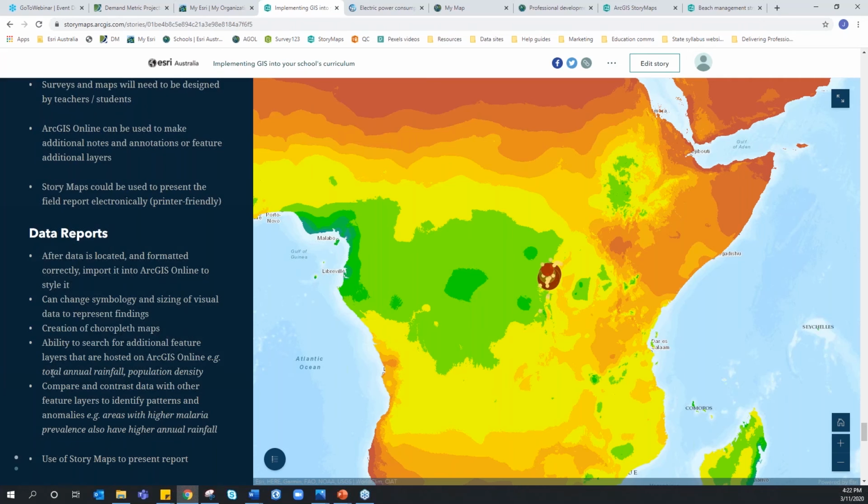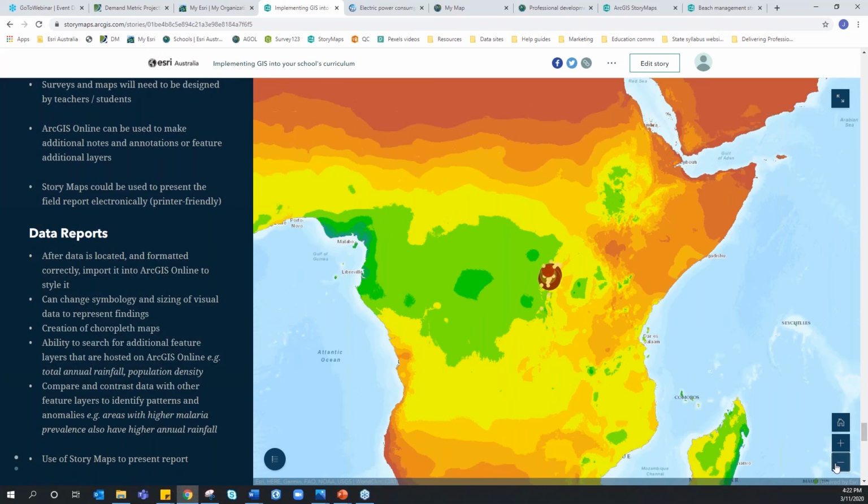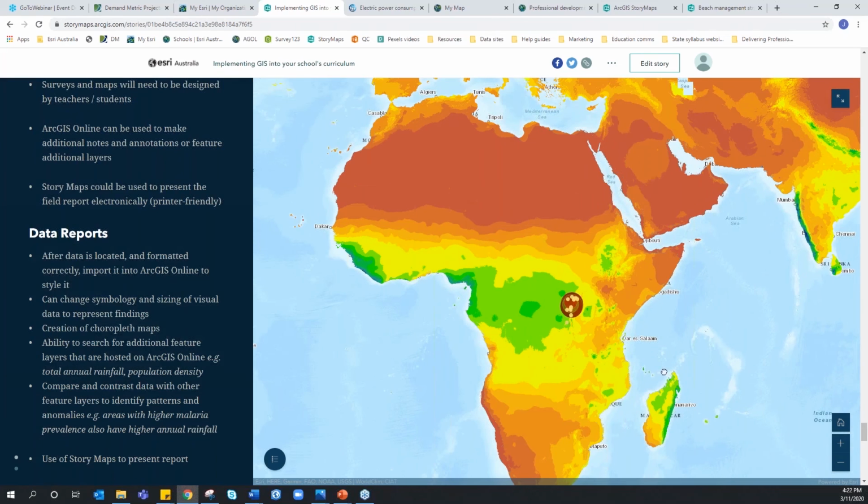So it's one of my favorites, total annual rainfall. I've brought that in, and again, we see a pretty clear relationship that health districts in other areas aren't necessarily coming up with Ebola.